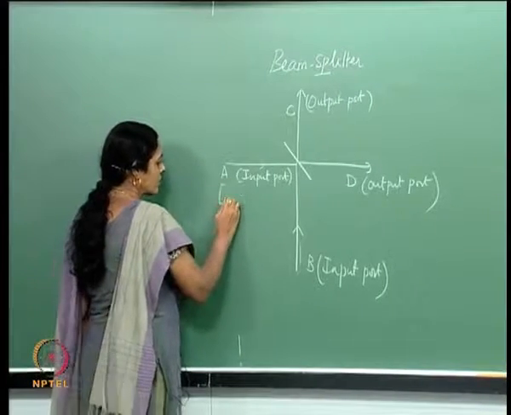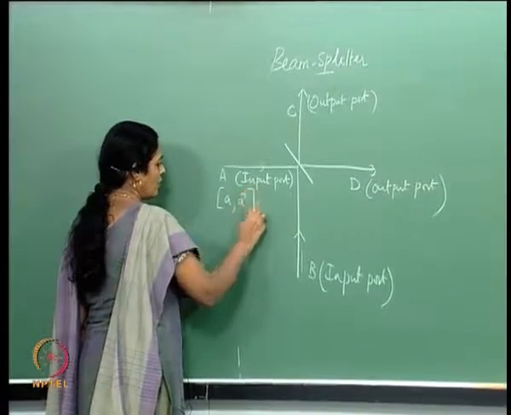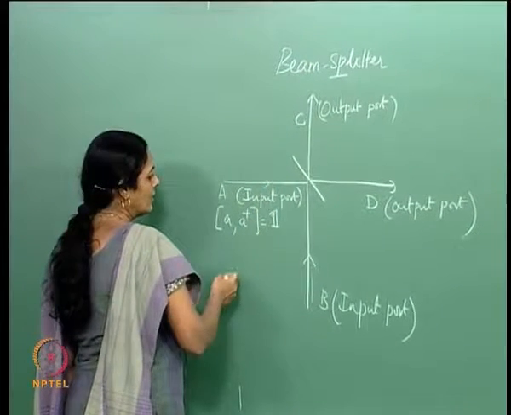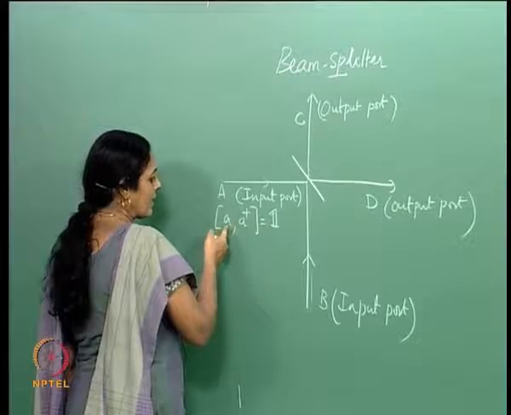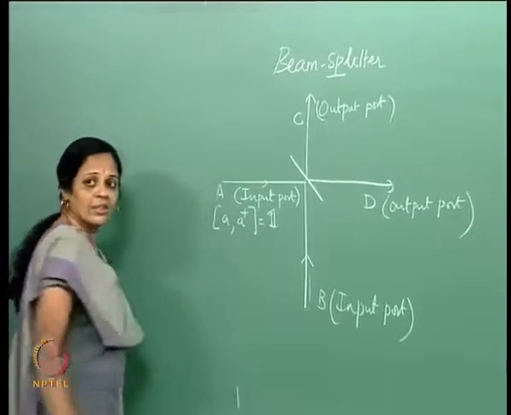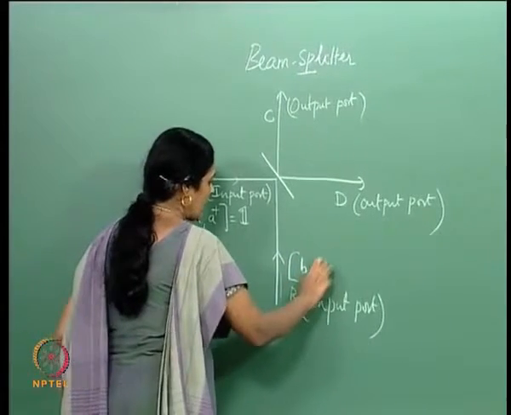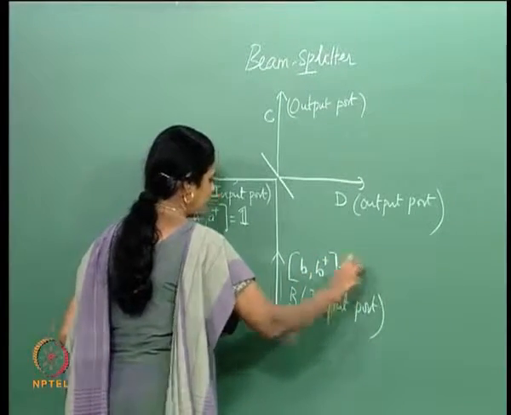The photon creation and destruction operators for photons that travel in this direction are given by A dagger and A respectively, and they satisfy this commutator algebra. Similarly, we have B and B dagger here.